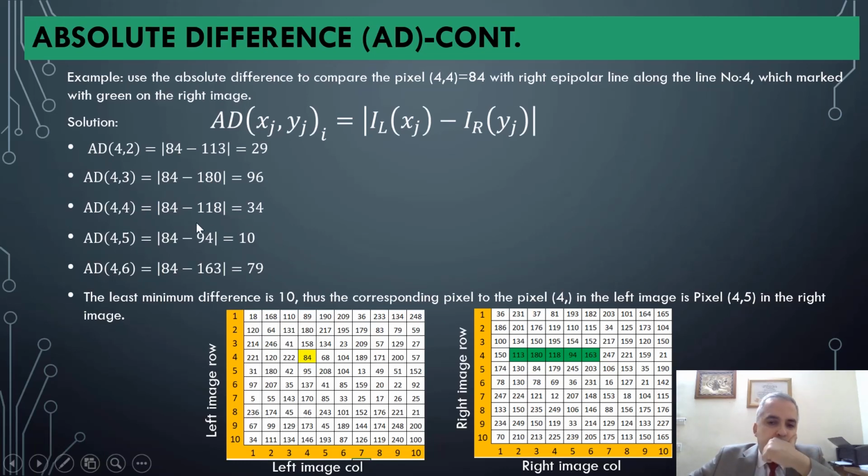As you can see here, we have 84 minus 113, which is 29, then 96, 34, 10, and 79. The lowest value is the one for 84 minus 94, so this is the corresponding point with respect to the absolute difference method.